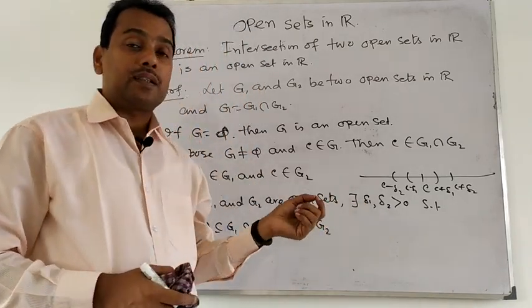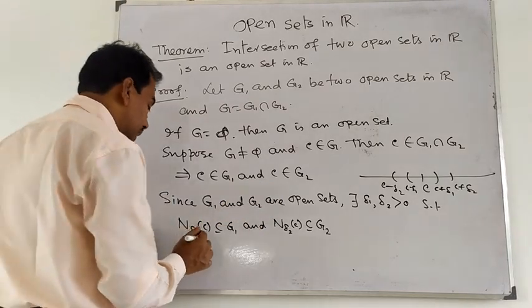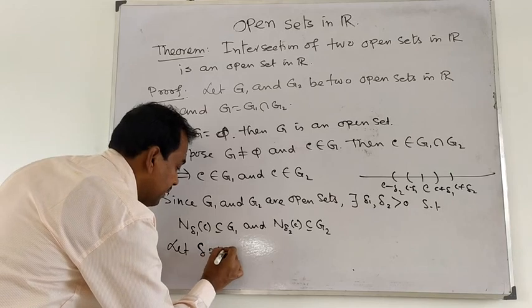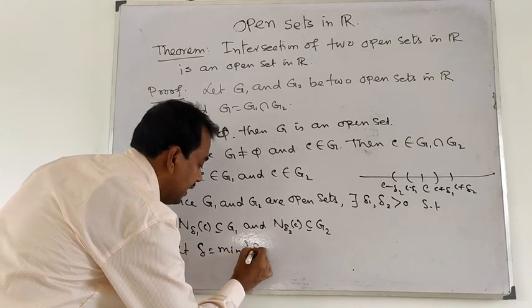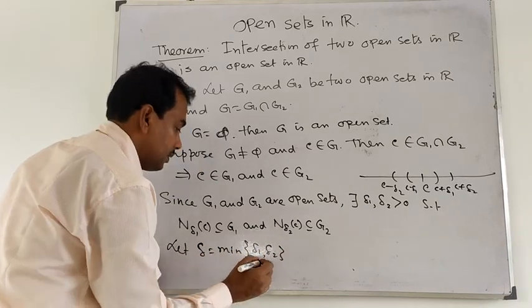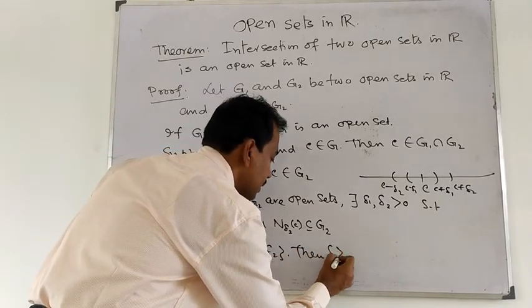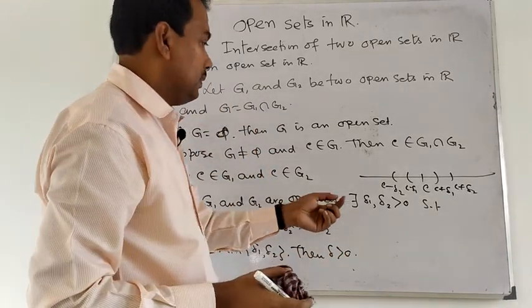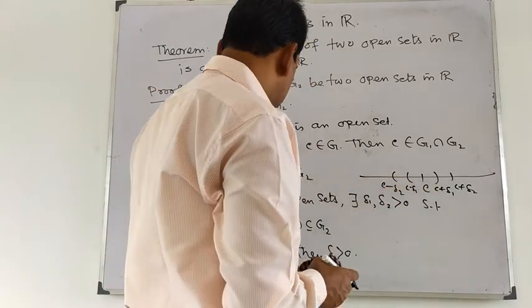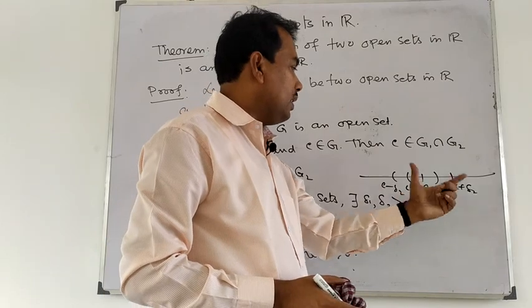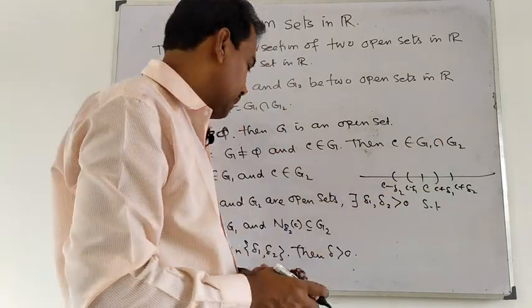If we take delta equal to the minimum of delta 1 and delta 2, then delta is greater than 0, and it is the minimum. Suppose delta 1 is the minimum, then N_delta1(c) wholly lies in N_delta2(c).